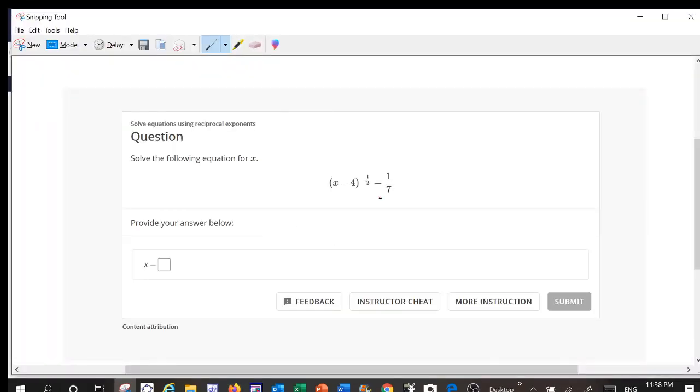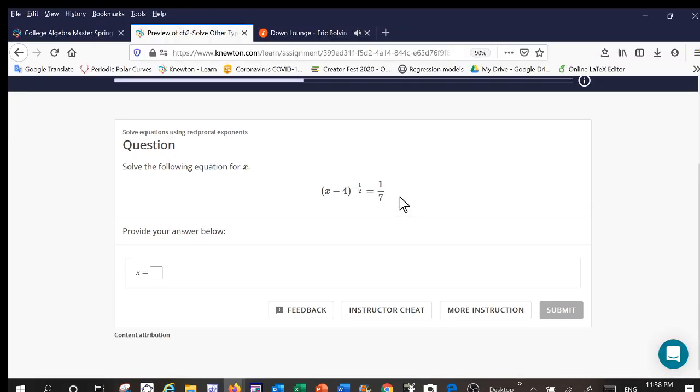Well, here is -1/2. So the way we deal with this is we can think of it as, let me go back. So we can bring it to the denominator and make it a +1/2. That's just square root, right? That would be a square root.